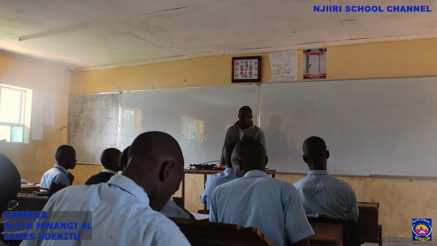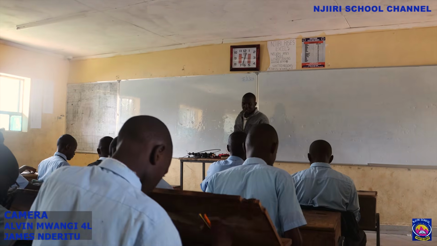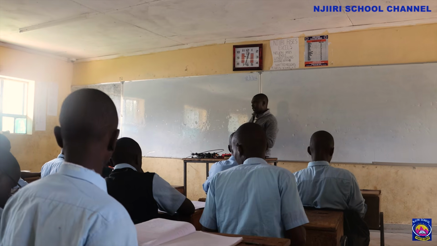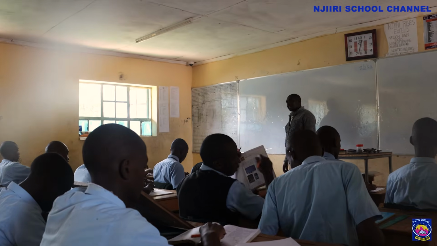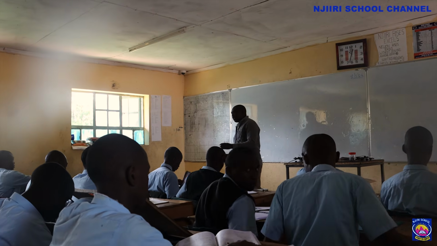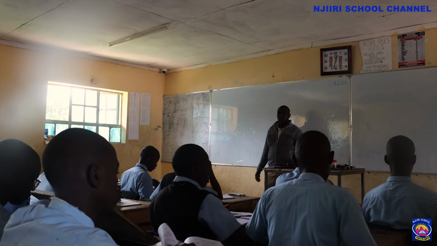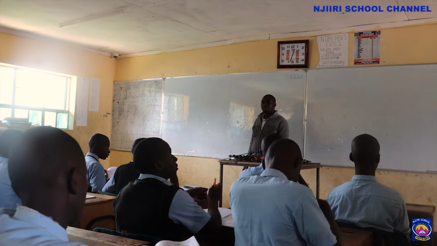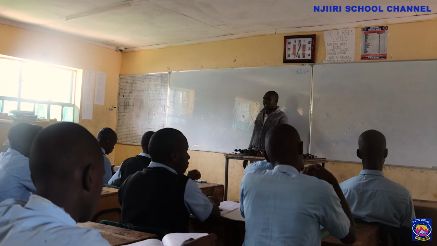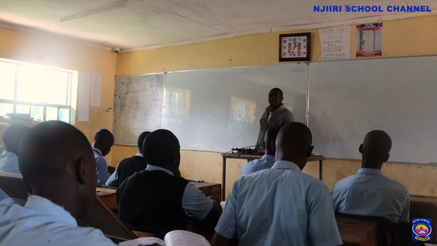So today we want to have our lesson in a different style. The last time we met, we were discussing radioactivity. We looked at the definition of radioactivity as a topic. We looked at the types of radiation emitted when an atom undergoes radioactivity: the alpha particles, the beta radiations, and the gamma radiations.